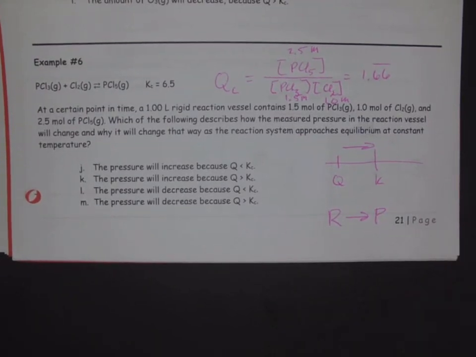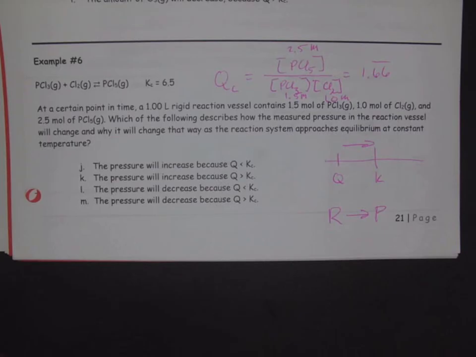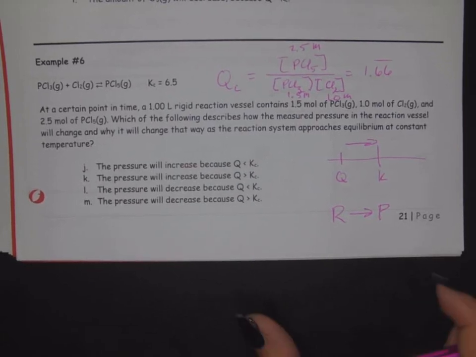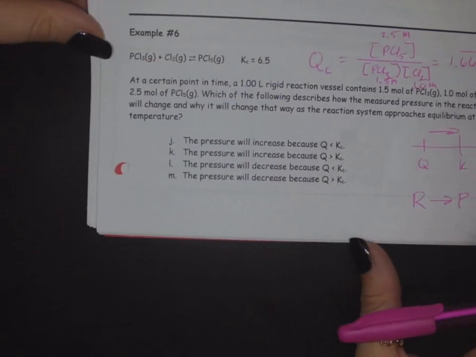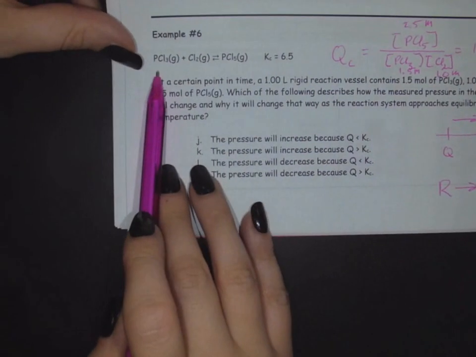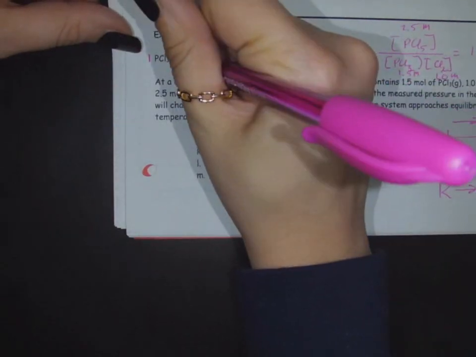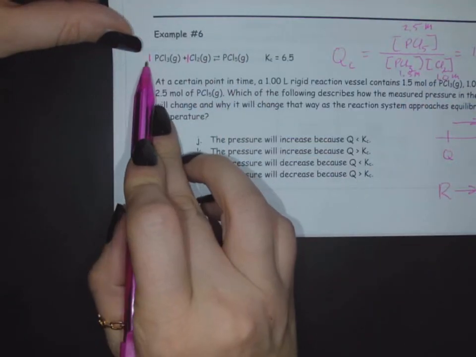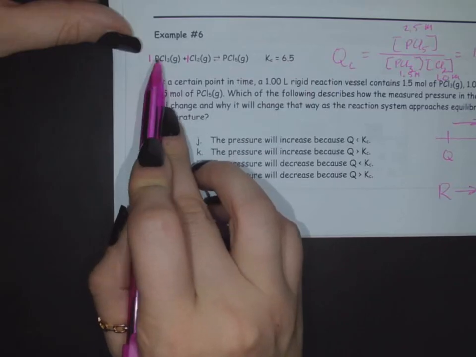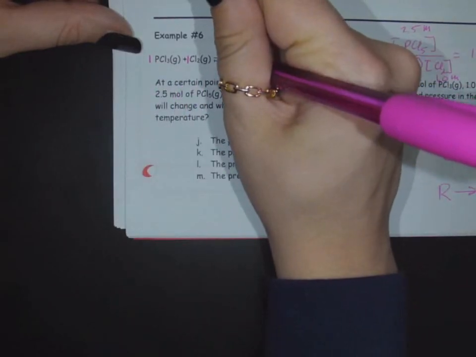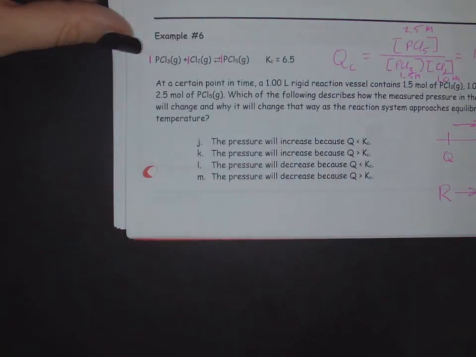All right, so now let's look at our answer options here. The question is, which of the following describes how the measured pressure in the reaction vessel will change and why it will change that way as the reaction system approaches equilibrium at constant temperature? So we were taking, really this is the ratio, for every 1 mole of PCl3 and 1 mole of Cl2, we create 1 mole of PCl5.